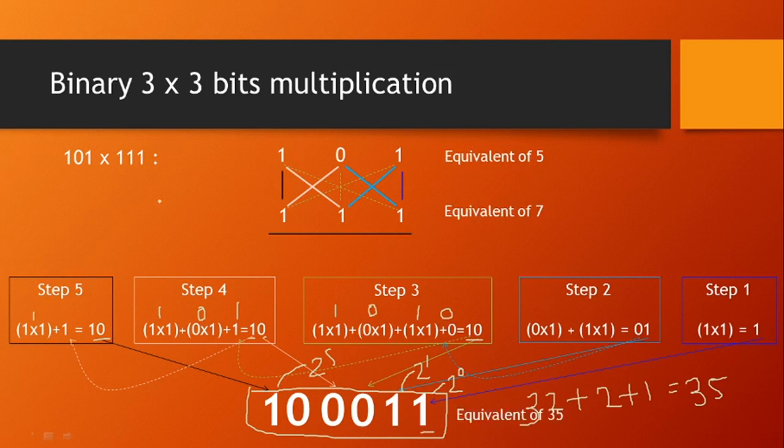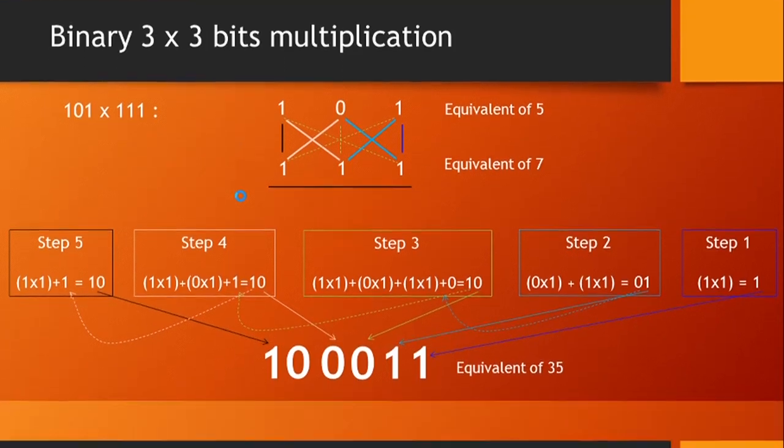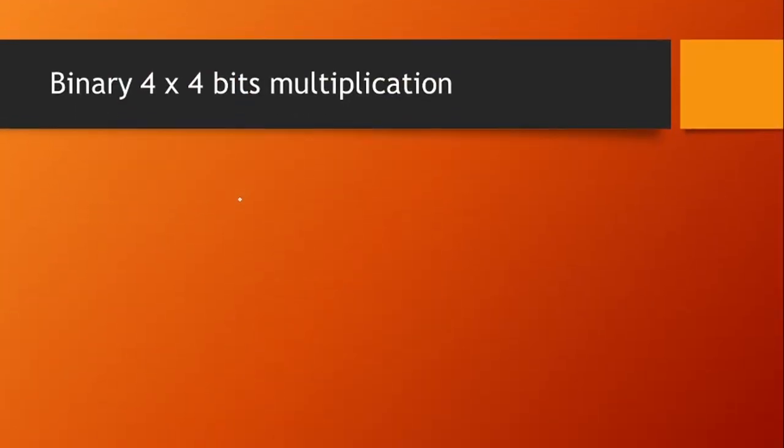So this Urdhwtirgbhyaam Sutra is working better for 3 by 3 bit multiplication also. If you are looking for 4 by 4 bit multiplication, how can we do it? As we already did the 2 by 2 bit multiplication, whenever we have large bit numbers or large digit numbers, we can divide them in half.